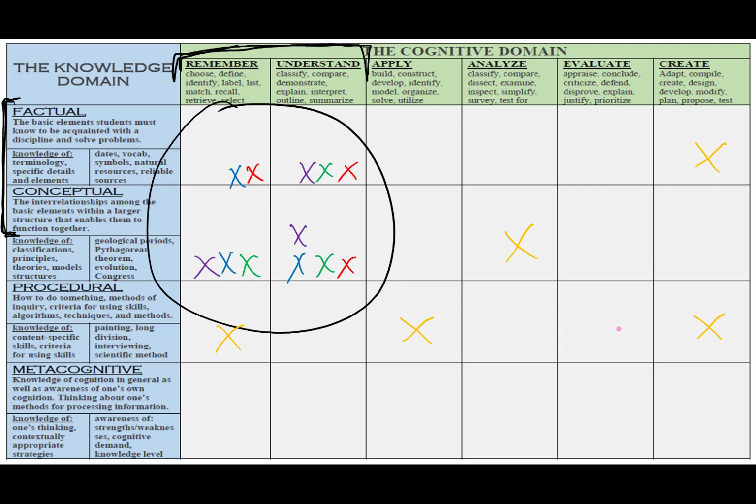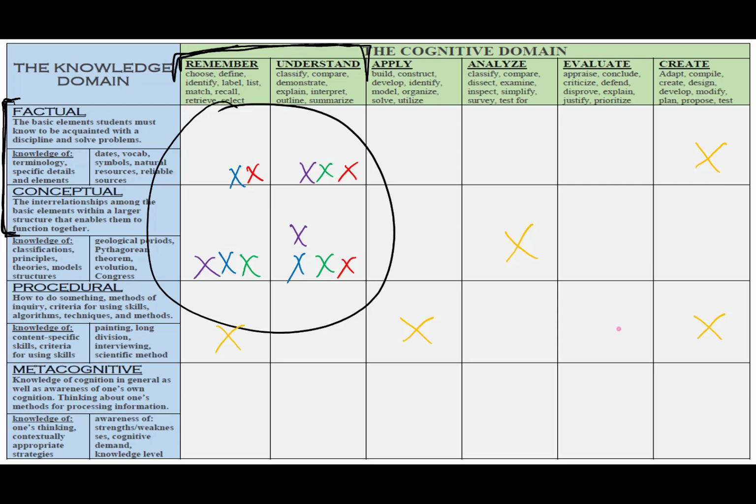So when you get done classifying, step back, take a look, and see, do I have a pretty good spread around the entire chart, or are all of my objectives clustered into one centralized location? And if they are clustered, then just go back and make sure that you're okay with that, and that you don't need to maybe rethink some of your objectives and try to get to some of those higher order thinking skills.